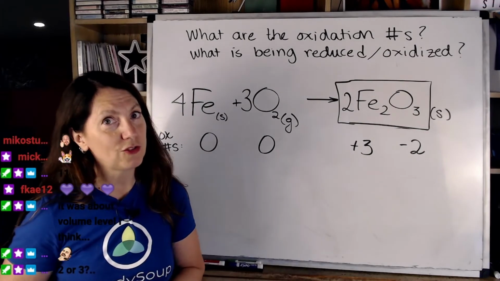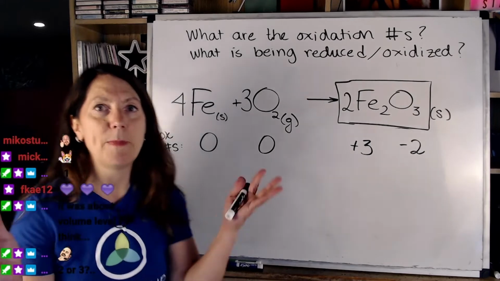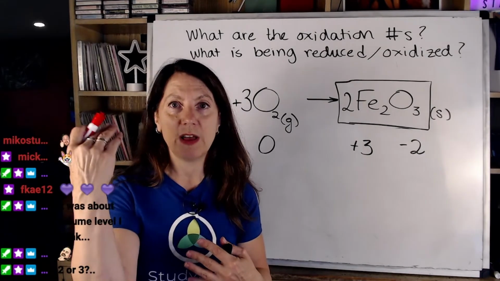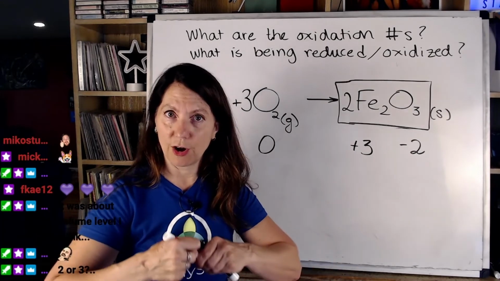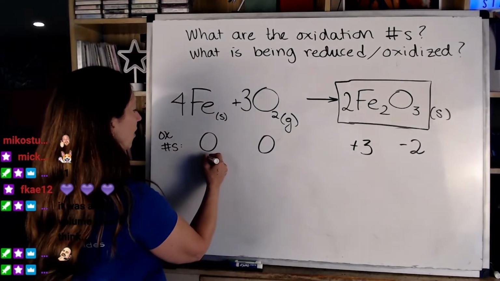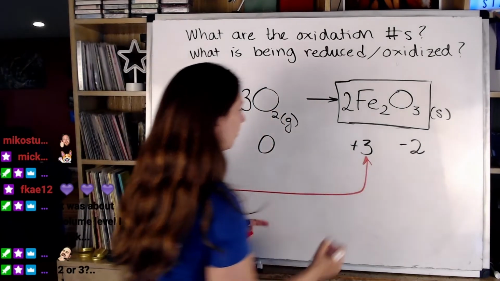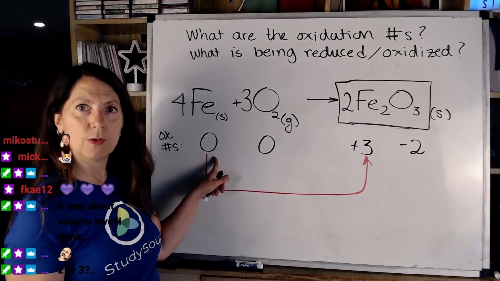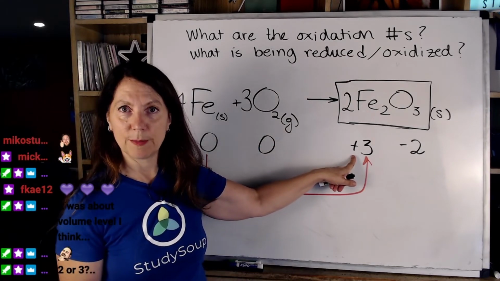All right, so let's look at the pairings of an element on one side and then the ion on the other. So here's our iron that's going from 0 to +3 oxidation number.